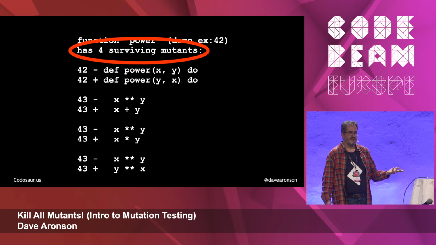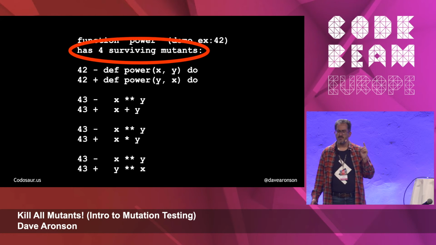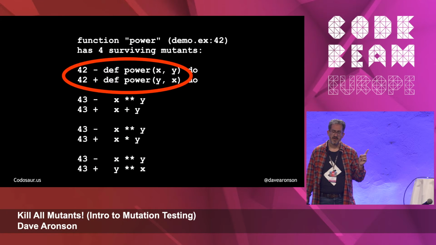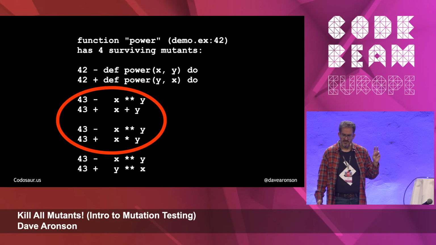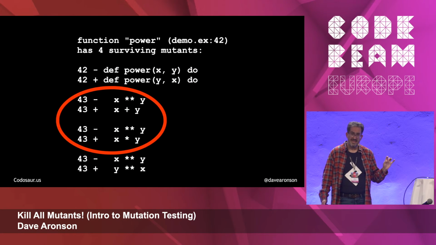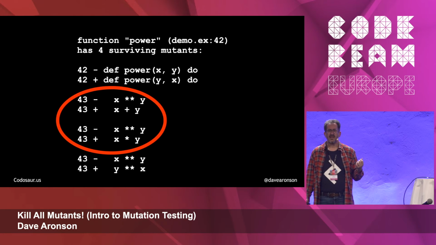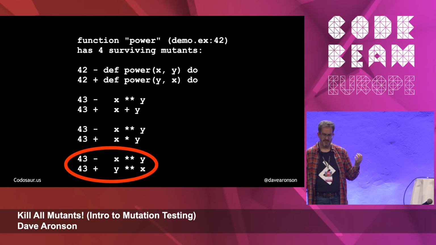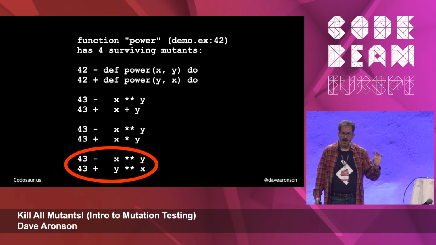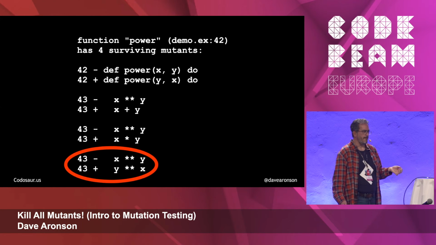And then it goes on to tell us that those 4 ways are, first to change line 42 to swap the arguments, second and third to change line 43 to change the exponentiation into addition or multiplication, and last to change line 43 to swap the operands of the exponentiation.